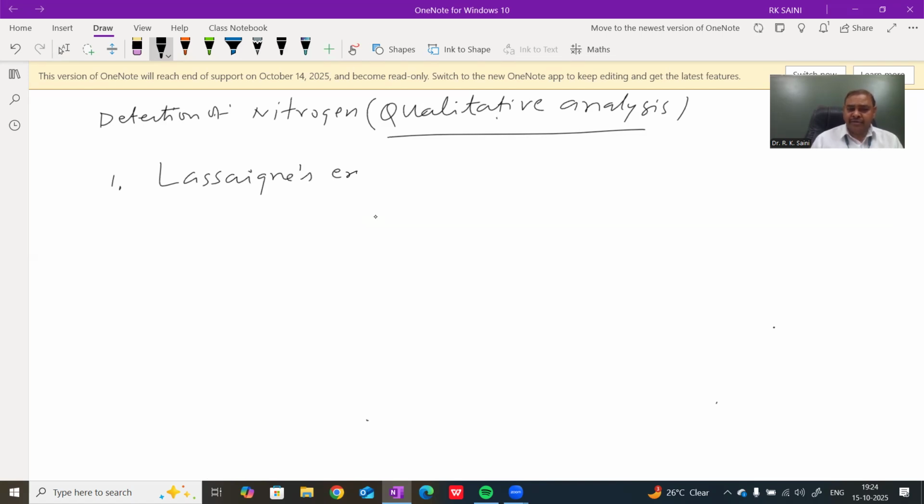Lassaigne extract, its formation. First, we use an ignition tube, a very thin tube present in the laboratory. These are known as ignition tubes. On heating, its mouth is closed.